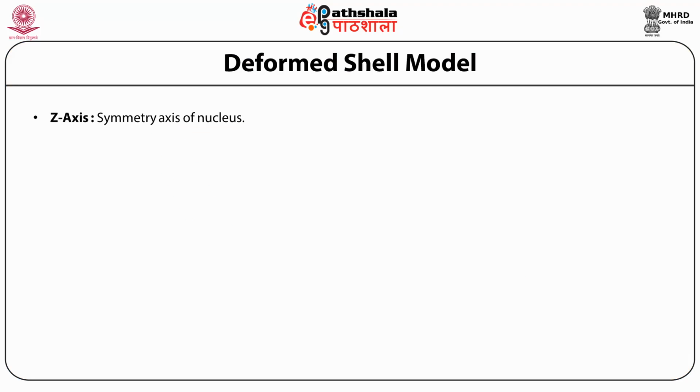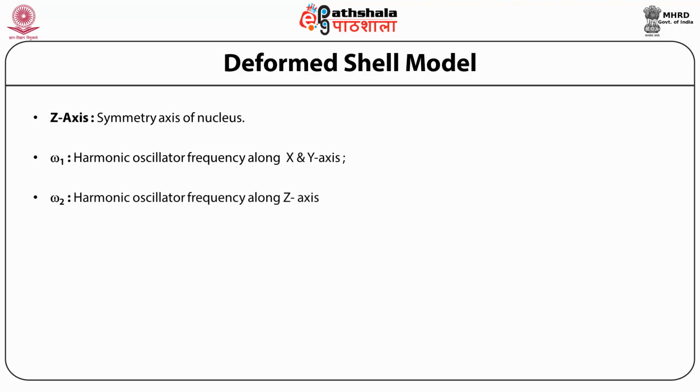Deformed shell model. In this slide, we are going to discuss the details of the deformed shell model. The z-axis in the nucleus is considered as the symmetry axis of the nucleus. Omega 1 is the harmonic oscillator frequency along the x and y axes, omega 2 is the harmonic oscillator frequency along the z axis, and omega 0 is the isotropic oscillator frequency.